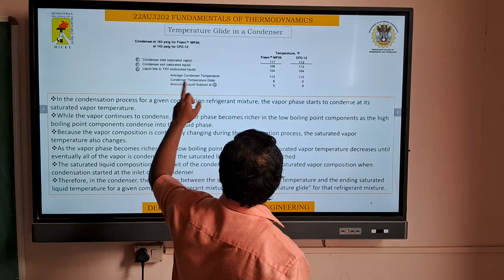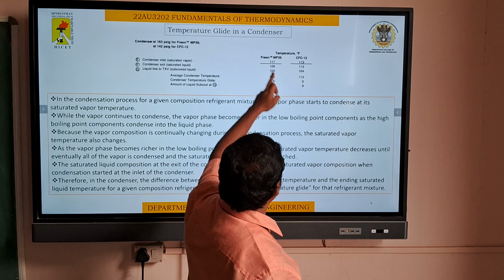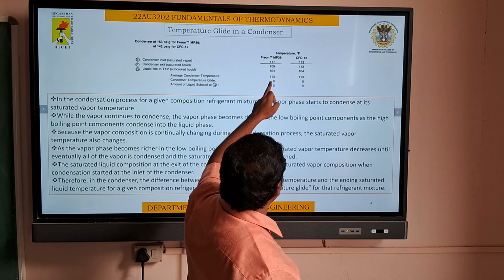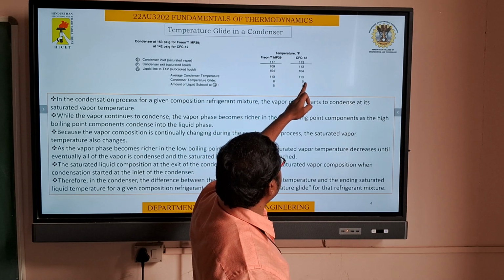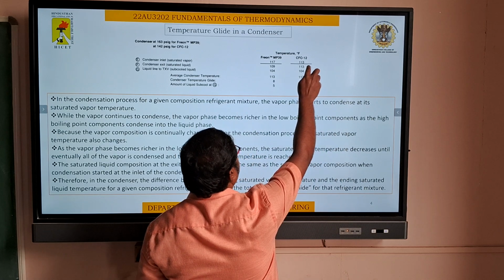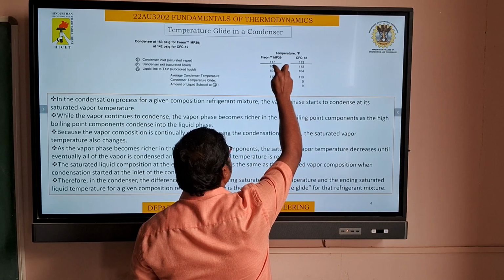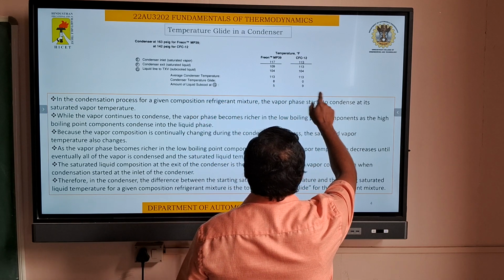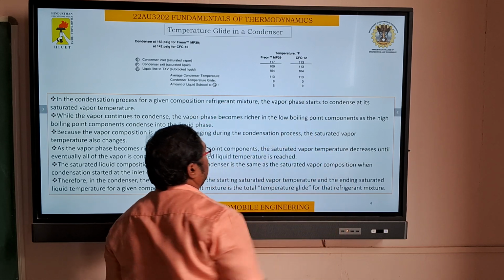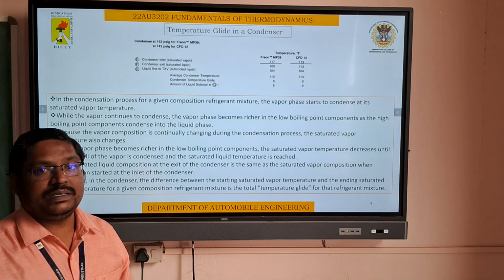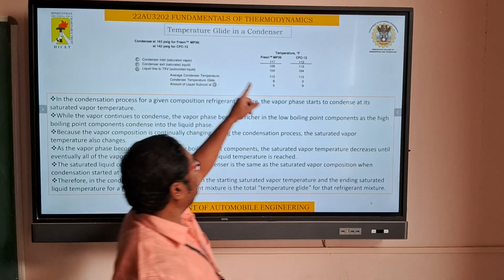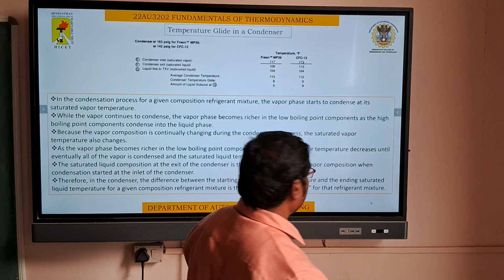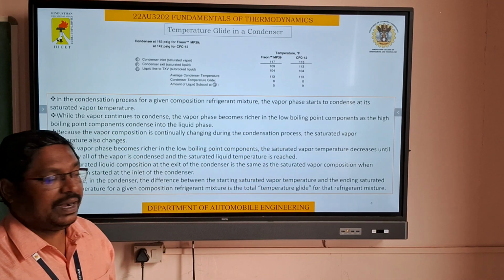And the condenser temperature glide, you can see, is almost 8 degree Fahrenheit, but here it is only 0 degree Fahrenheit. 113 minus 113, here 117 minus 109 is 8 degree Fahrenheit. So the amount of liquid subcooling is 5 degree Fahrenheit, and here it is 9 degree Fahrenheit. So you can see that in the condenser also the temperature glide is almost 8 degree Fahrenheit.